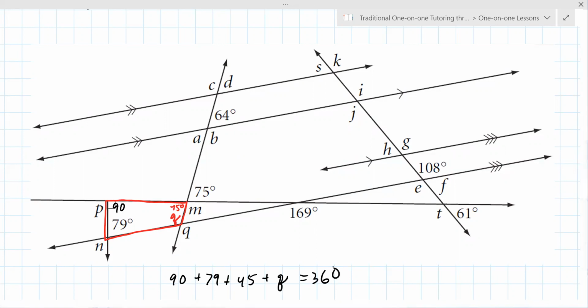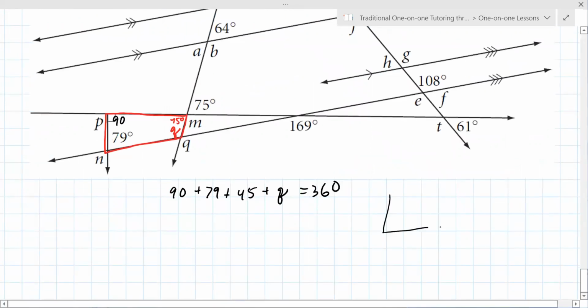Is that a rhombus? No, it's just a quadrilateral. Quadrilateral is just four sides. Rhombus is a type of parallelogram.